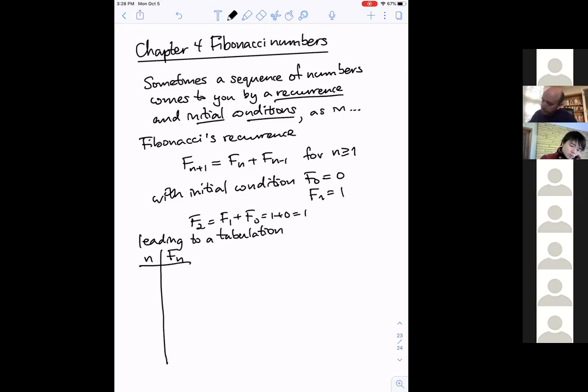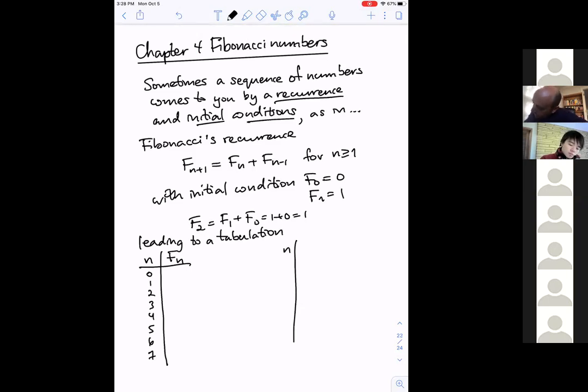I don't have that much space on this page. 0, 1, 2, 3, 4, 5, 6, 7. How far am I going to go? I think I'm going to go up to 15. n, F sub n, just to illustrate some points. 8, 9, 10, 11, 12, 13, 14, 15.